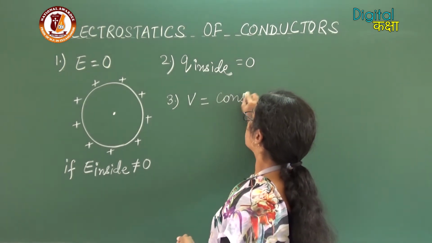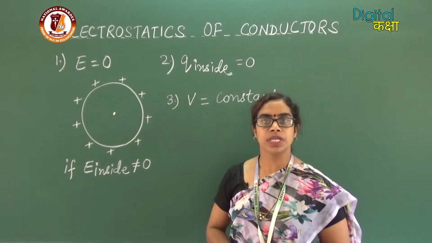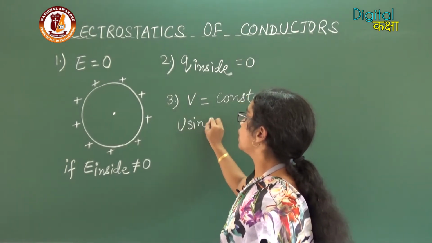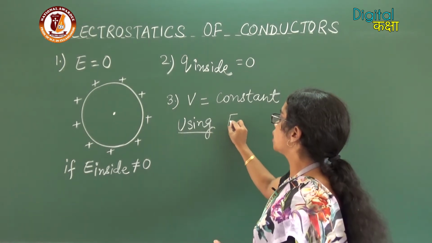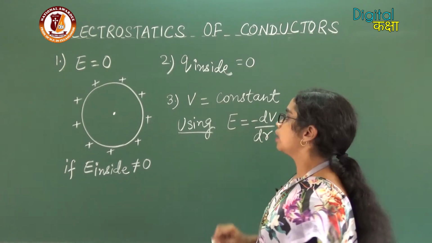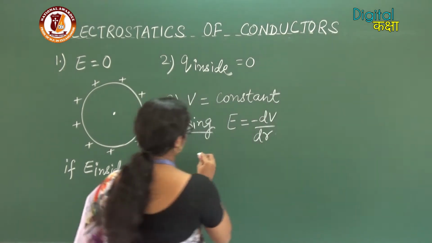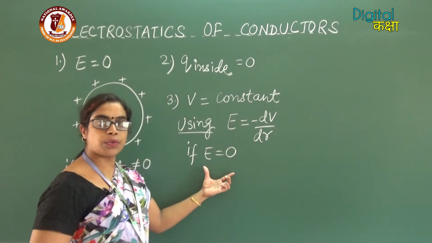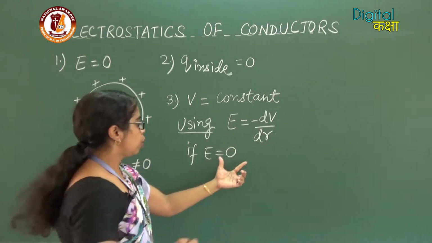In order to understand how we get a constant value of potential, we will use the relation between the electric field and the potential: E is equal to minus dV upon dr. From the first property, we know that the electric field is equal to 0, so this is substituted in the relation.